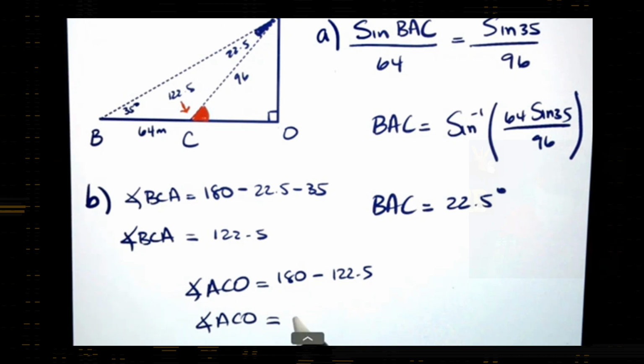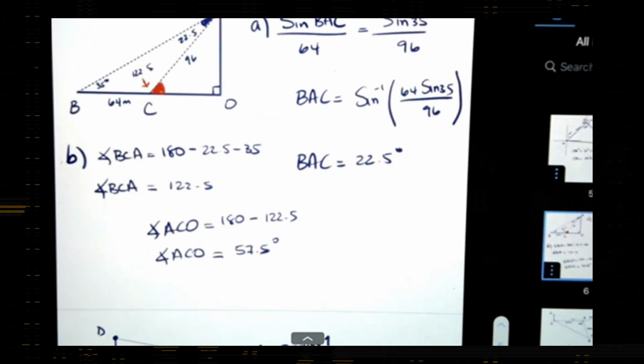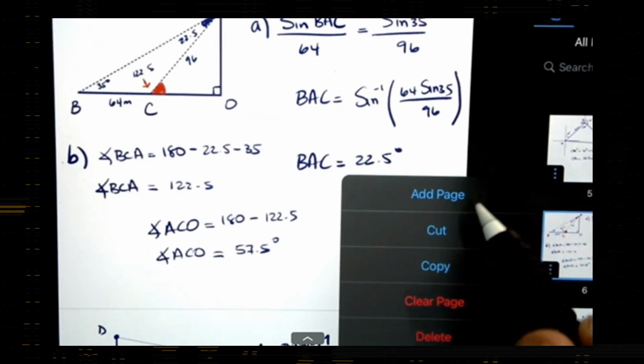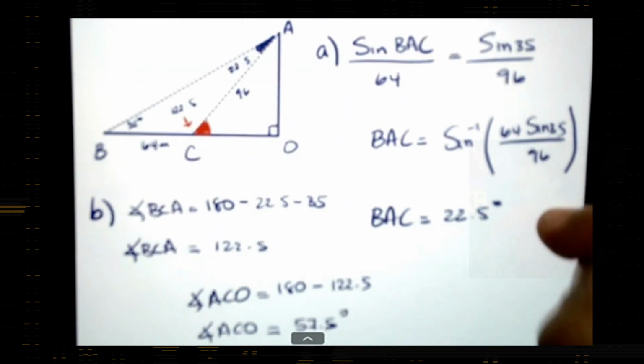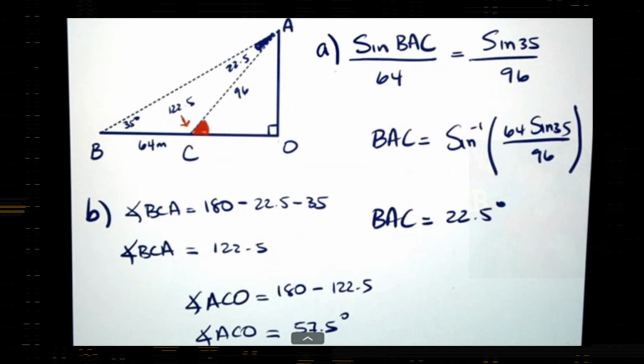That is 57.5 degrees. Okay, so let me add a page because we are going to need extra space. So I already answered question A and B. Let's go to the last question of this problem.